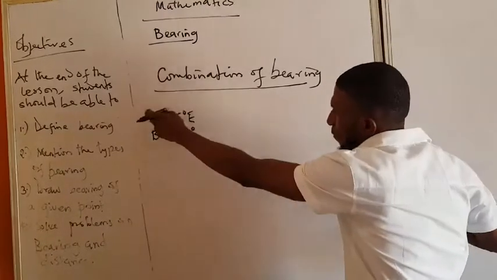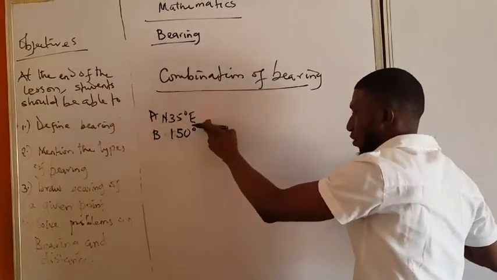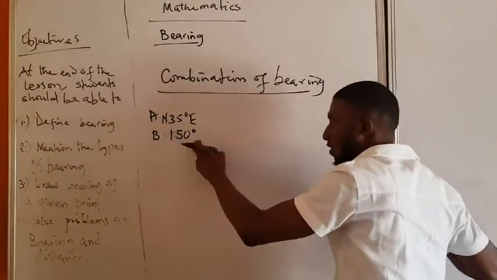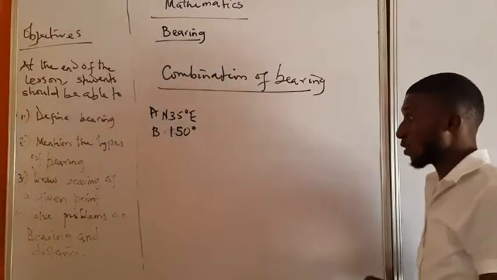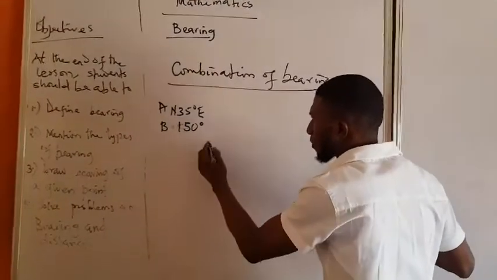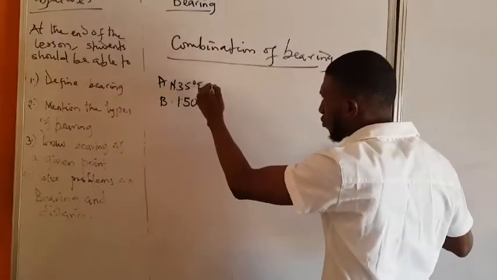Let's say a man walks from point A towards this place, and from point B towards this direction. Then you are now asked to combine this. This is what this one is talking about. Now, if you have something like this, you have to combine these two together.